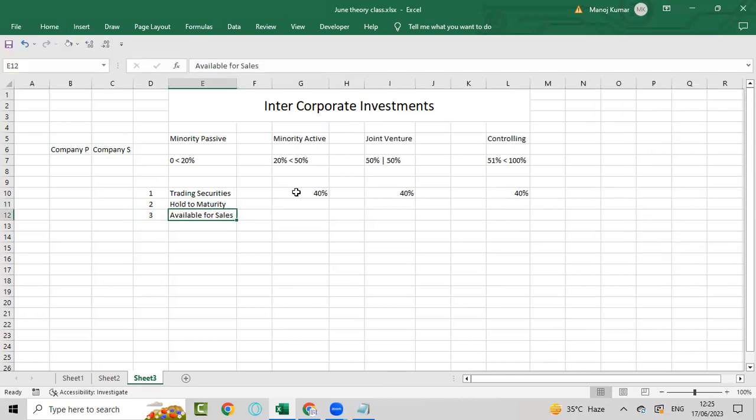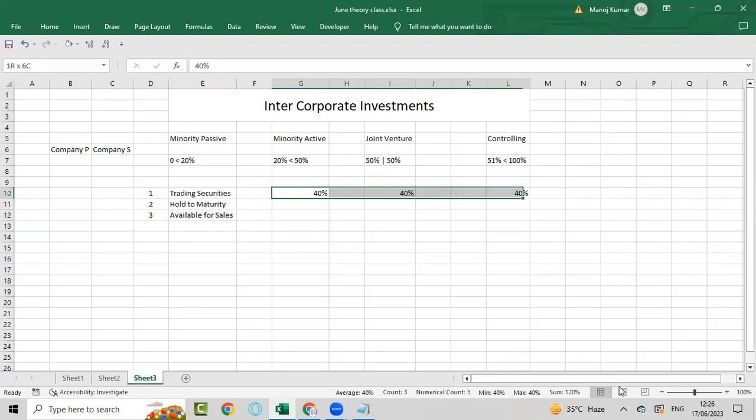When the objective is not very clear to the company also, they invested it, maybe they will trade or maybe they will hold. So in that case, it will be called available for sale security. If they get a positive opportunity for making profit, they will sell it. Otherwise, they will hold it till maturity. It is called available for sale. Now, is this clear? Okay.